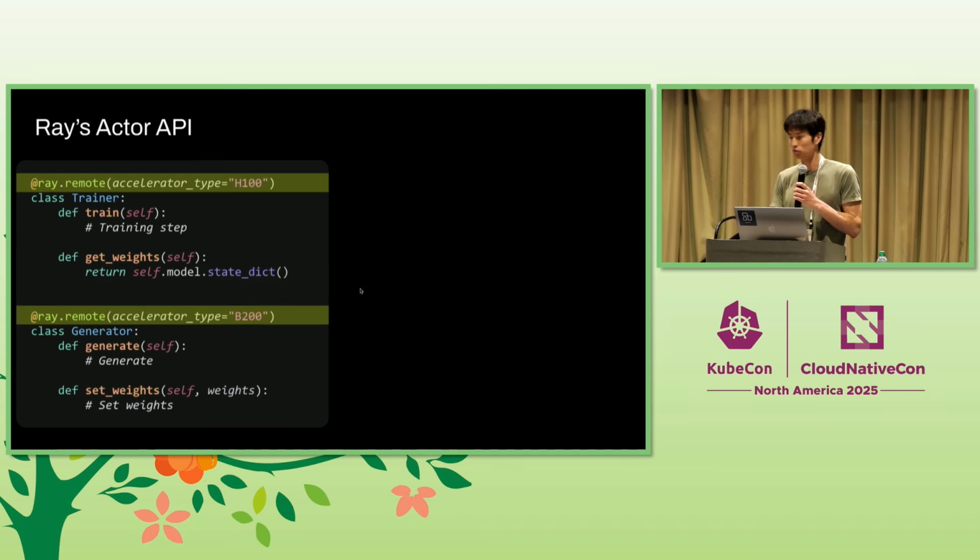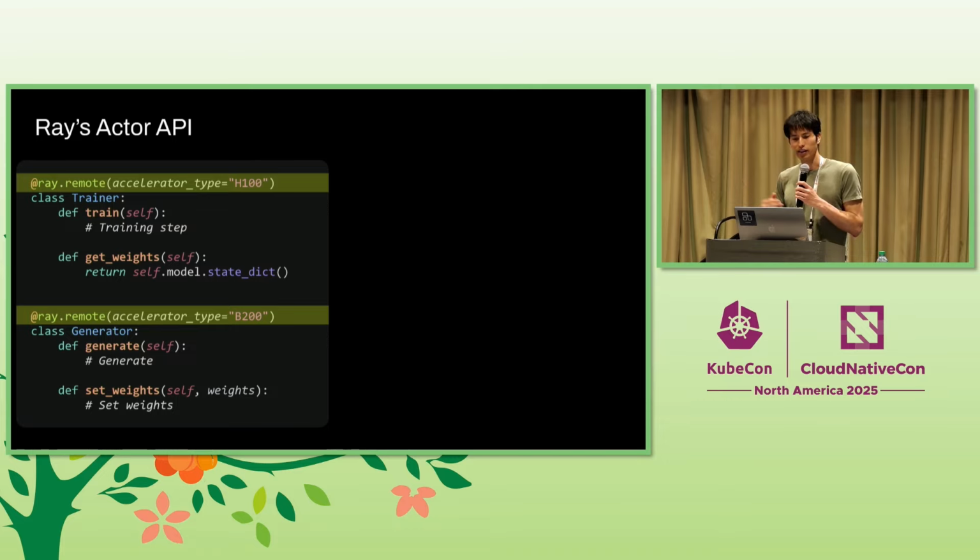Now this is the Ray part. So Ray lets me add this decorator, and all of a sudden I can take a Python class and add this annotation, maybe specify some certain accelerator types, some memory requirements, other scheduling constraints. And we can use labels, right? You can specify labels that Kubernetes attaches to the pods.